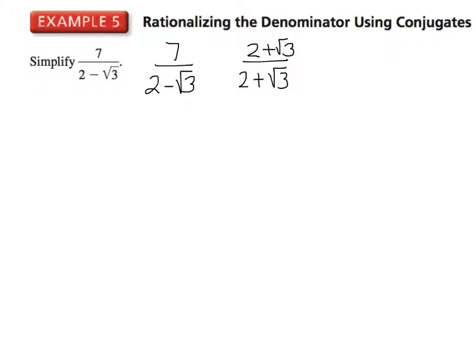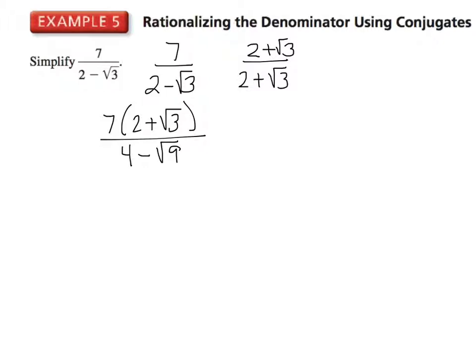So I have to multiply the top and bottom by 2 plus root 3. That means on top, you are going to get 7 times 2 plus root 3. That is a binomial. On bottom, you are going to get 2 minus root 3 times 2 plus root 3, which means 2 times 2 is 4. Minus root 3 times root 3 gives you minus root 9. You can skip that step if you want.